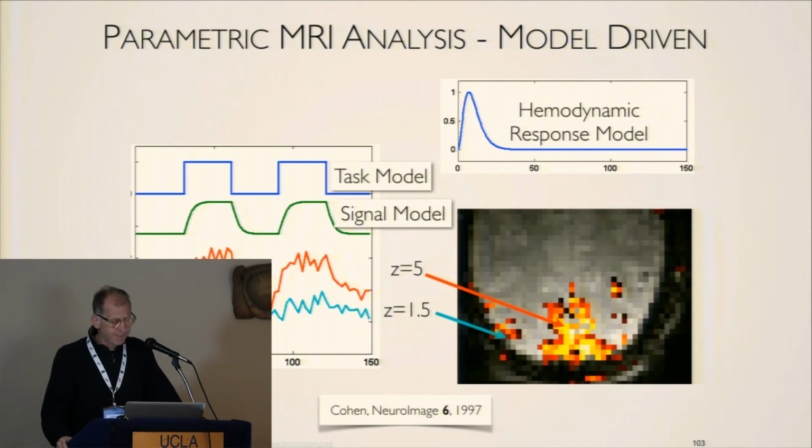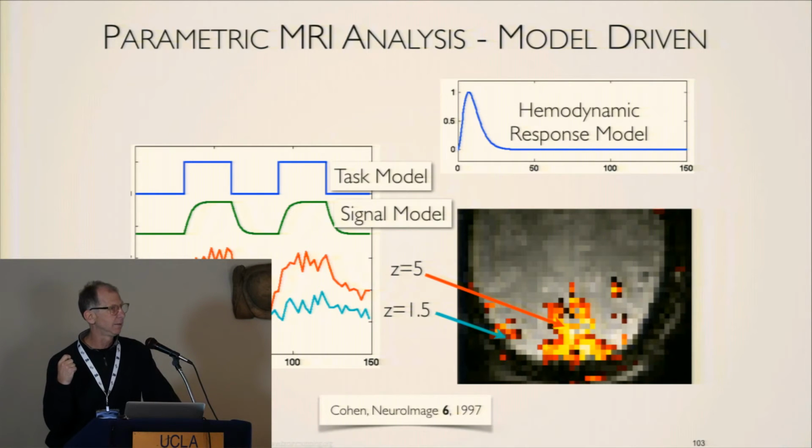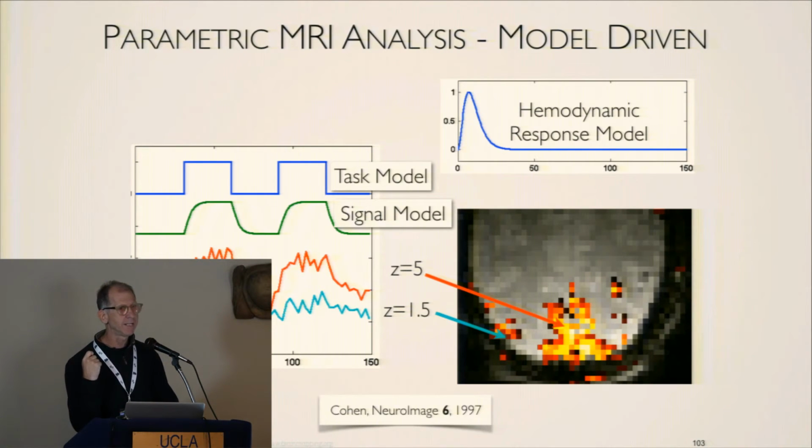In practice, however, the signal changes are usually somewhat weaker, and they have this non-instantaneous time course. So it's more efficient to model the observed signal from first principles and then search in the brain for regions that respond like your model, right? Because your task timing is not the same as the signal response in the brain. So you want to model the time course.